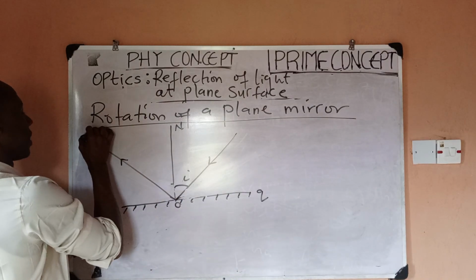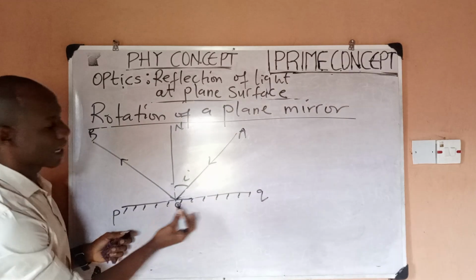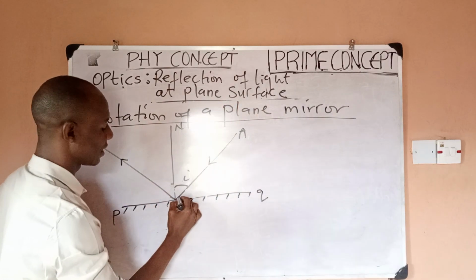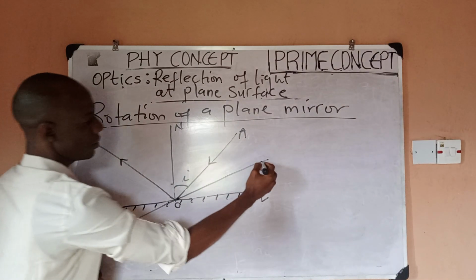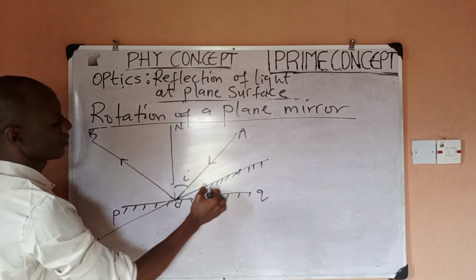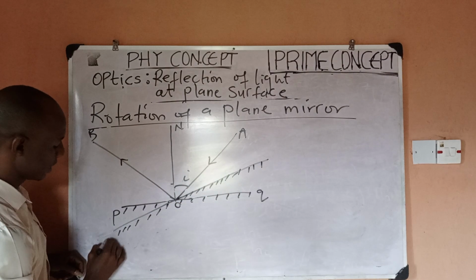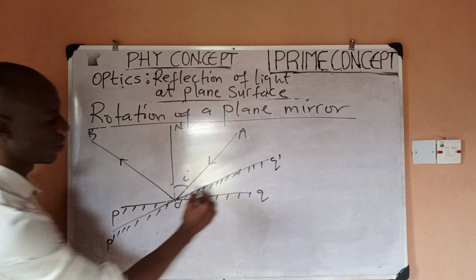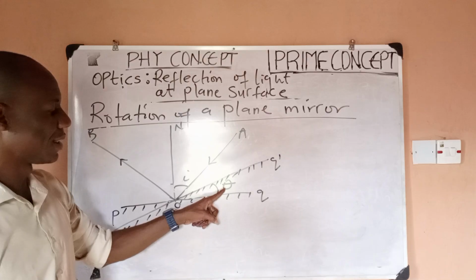So I have B, I have A. Now, if I rotate my plane mirror, if I decide to turn it through an angle theta, say this is how my plane mirror is now. This is the new position, P prime, Q prime, and the angle through which I rotated it is this angle theta.